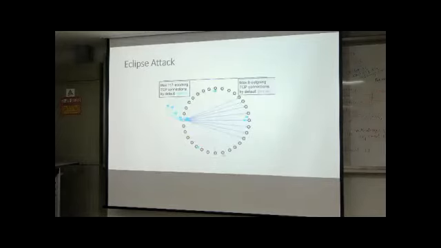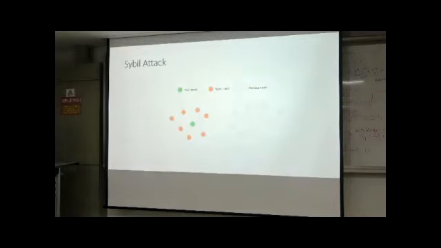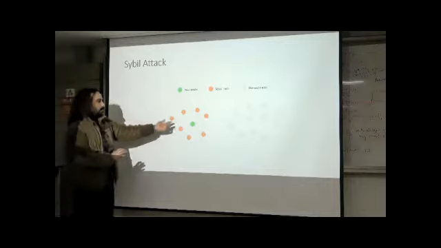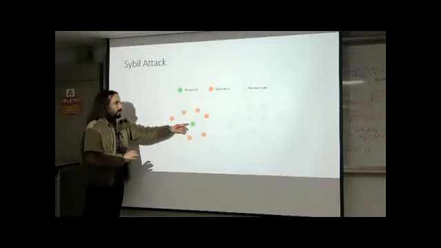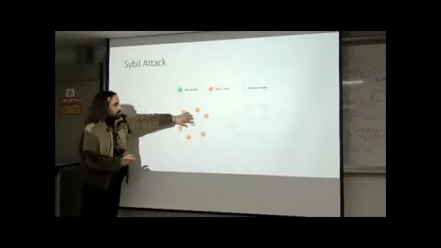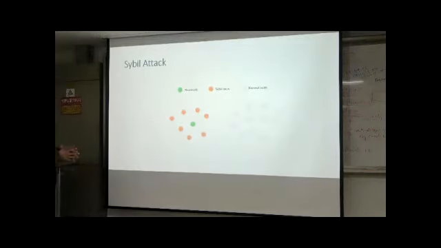This is another example of attacks in a peer-to-peer network, which is a Sybil attack, where you see the trusted node surrounded by all neighbors inside one network.